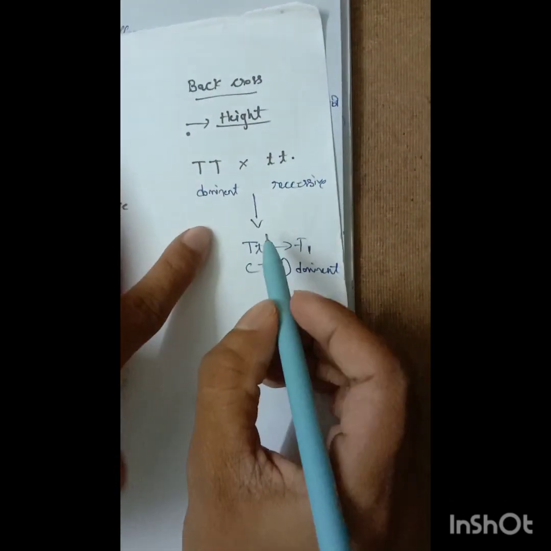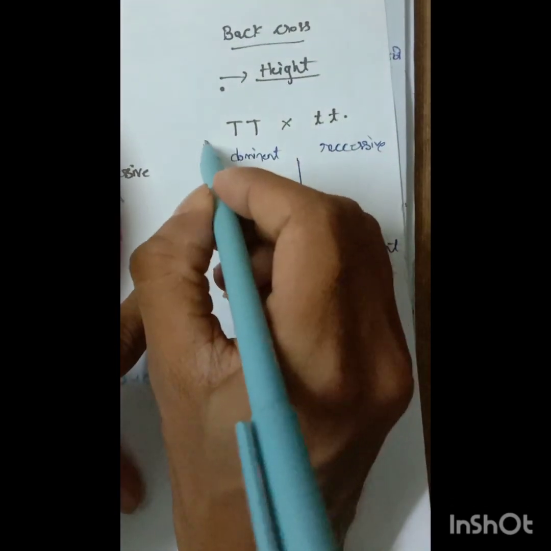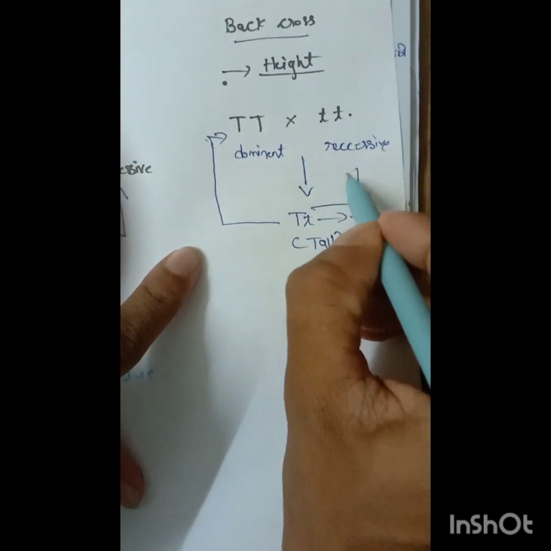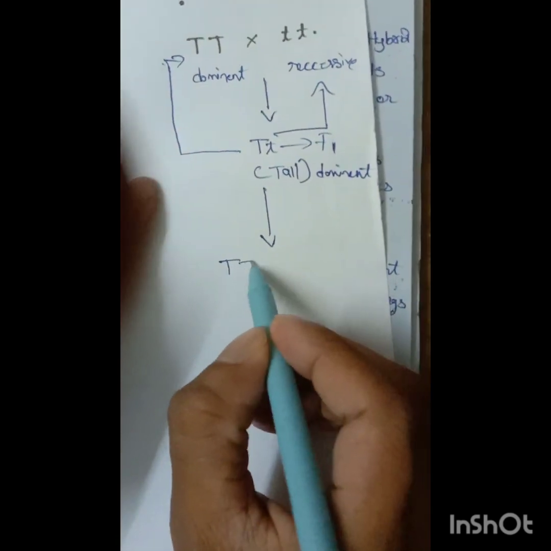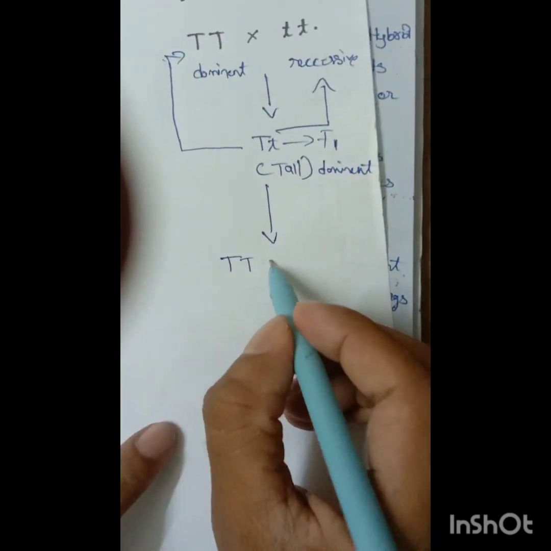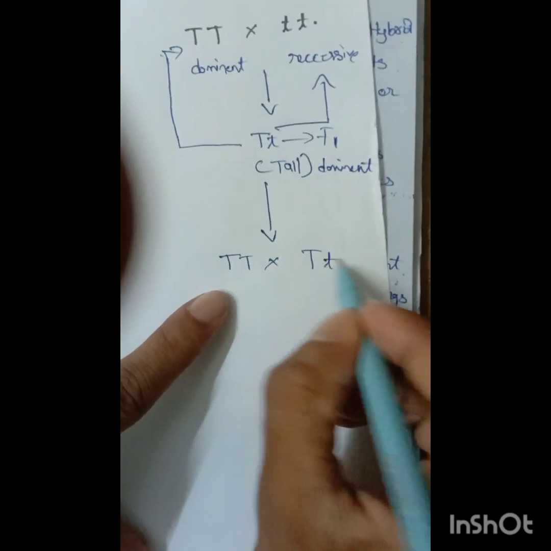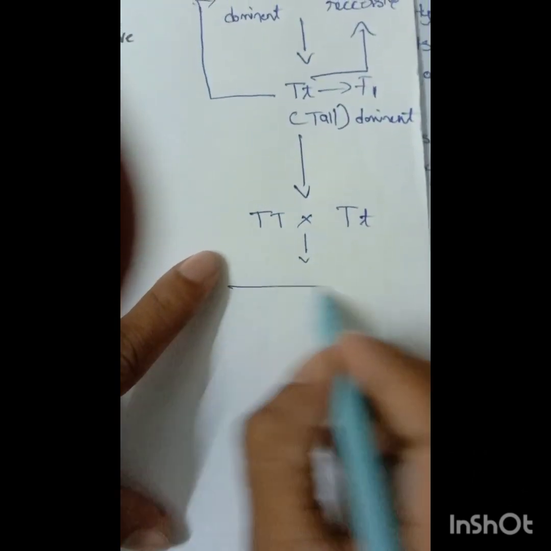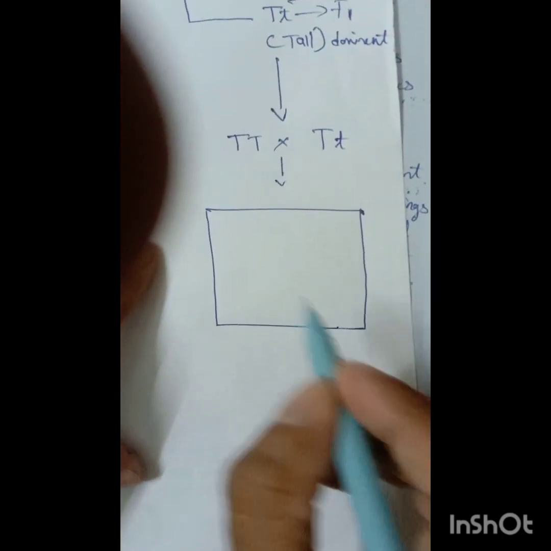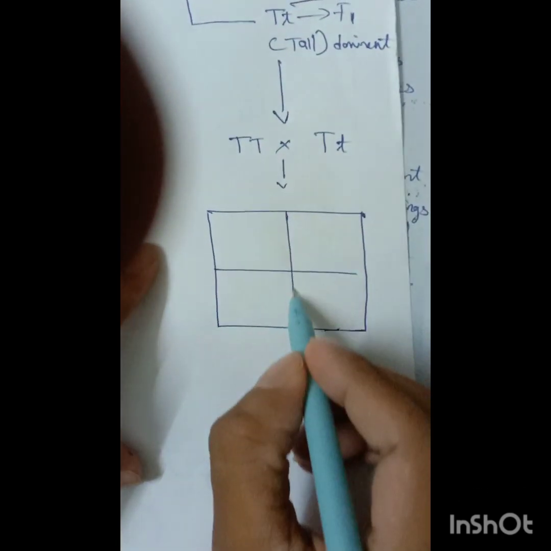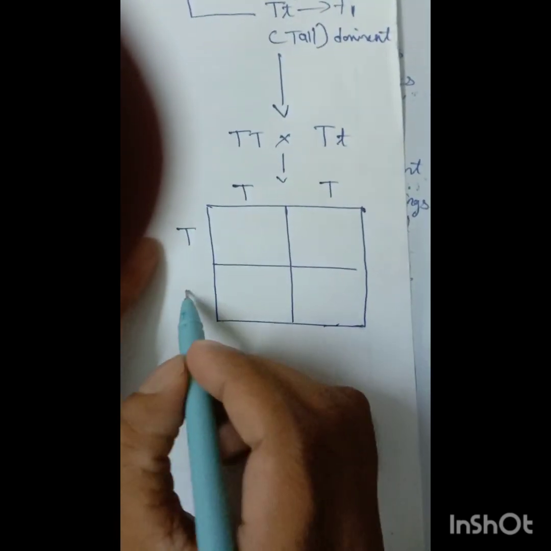So in the case of back cross, we can cross with any of its parents. It may be with the dominant parent or it may be with the recessive parent. For example, if we cross with the dominant parent, capital T and capital T, it is crossed with this F1 hybrid, capital T and small t. So we get the result of capital T, small t.